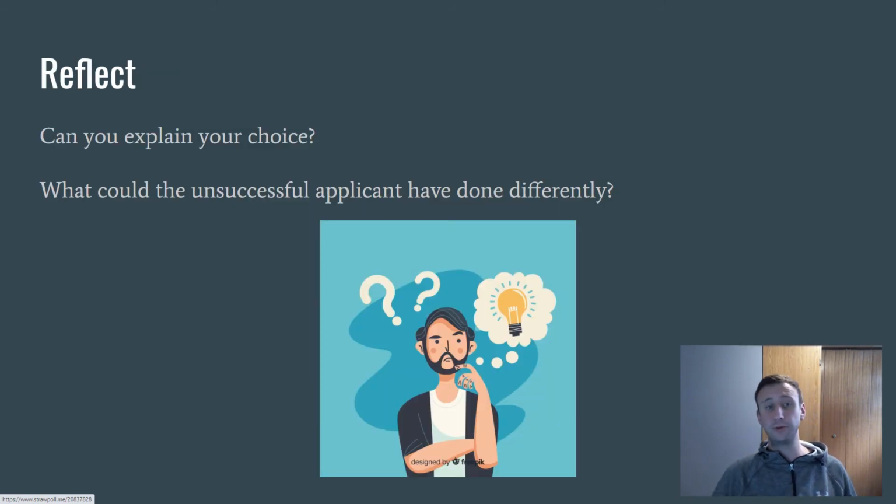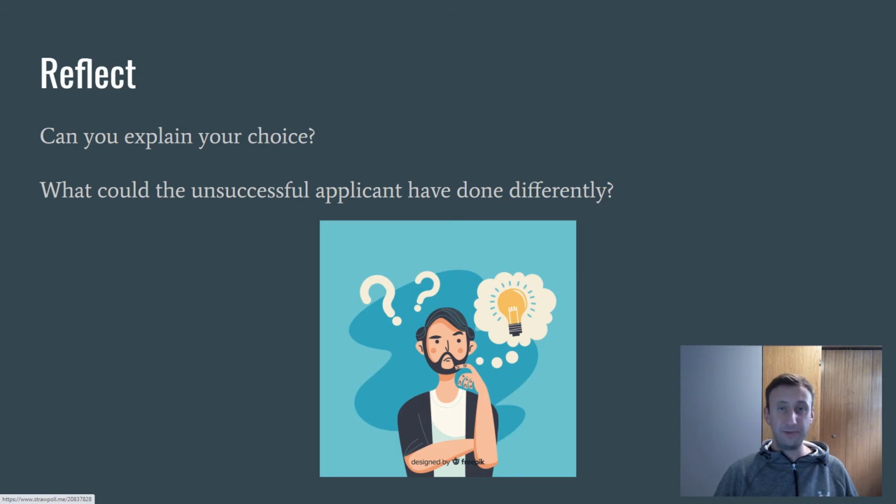So we're going to take a look at the results, but the question here is, can you explain your choice? So we'll have this discussion afterwards, but why did you choose who you chose? And on top of that, what could the unsuccessful applicant have done differently? So this is something that we are going to maybe discuss a little bit as a group in Google Meet after we watch these videos.